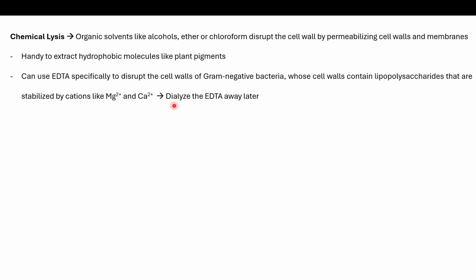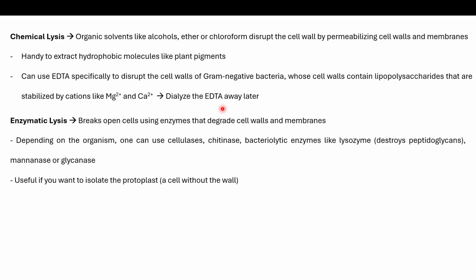So you have to remove EDTA later, so that it doesn't hamper your downstream experiments or reactions. Usually it is done by dialyzing the EDTA away, wherein, via diffusion of buffer, the EDTA concentration is lowered, by using a dialysis bag membrane.